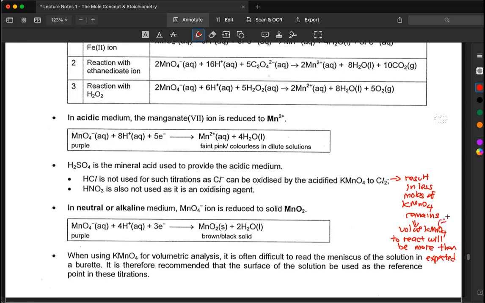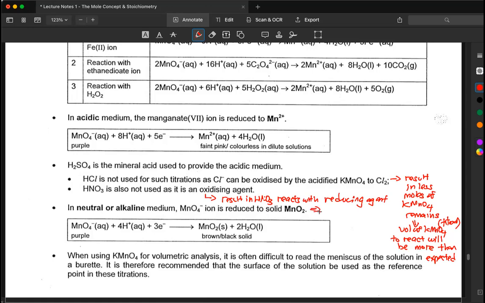If this is the titrant, HNO3 is not used because HNO3 is an oxidizing agent and reacts with the reducing agent in the conical flask, instead of the titrant.